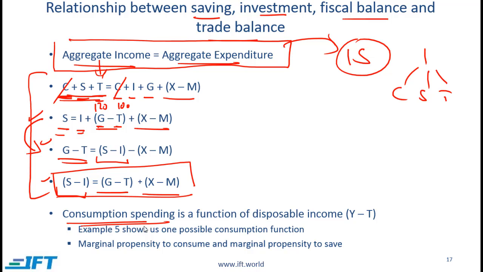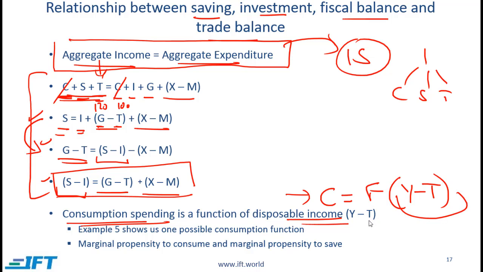Consumption spending is a function of disposable income. The way you might see this is consumption spending is equal to a function of disposable income, which is total income minus taxes. There are not too many questions which actually use this, but you should still know that consumption spending depends on disposable income.